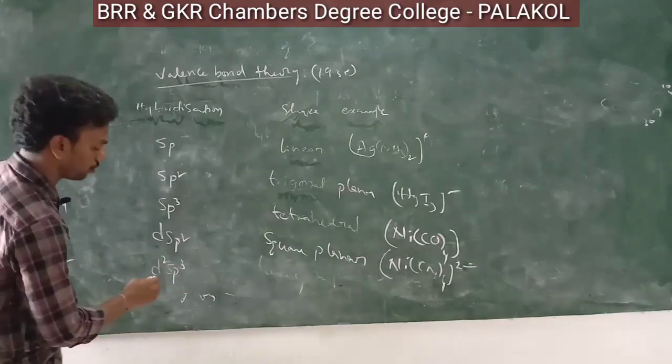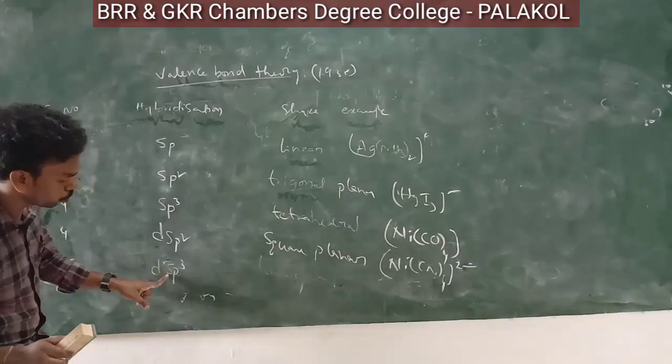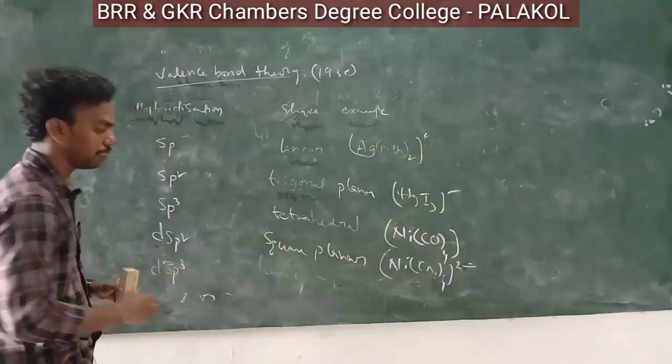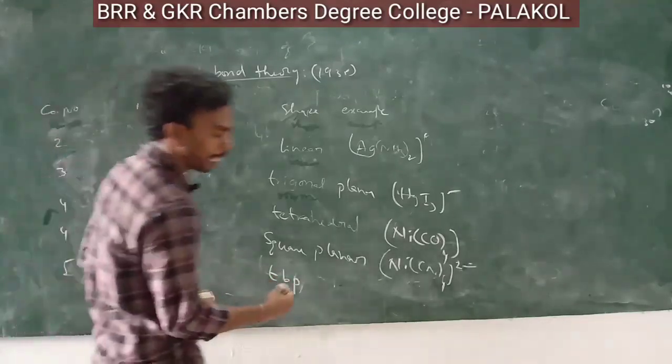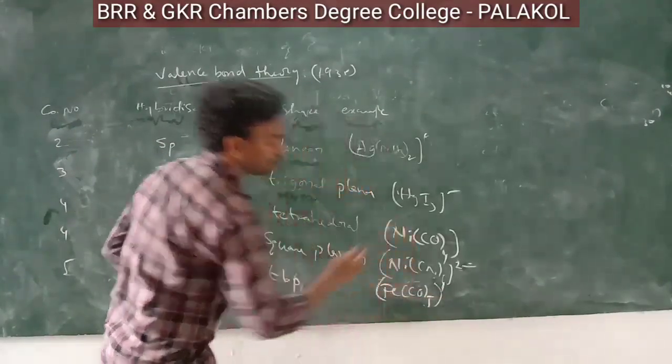Coordination number 5 is dsp3 hybridization: 1 plus 3 is 4, plus 1 is 5. It is trigonal bipyramidal, example Fe(CO)5.